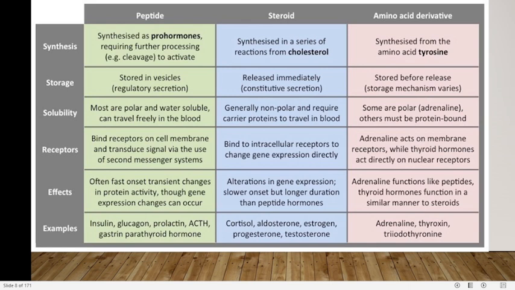Often fast onset, transient changes in protein activity, though gene expression changes can occur. Examples include insulin, glucagon, prolactin, ACTH (adrenocorticotropic hormone), gastrin, and parathyroid hormone. Those are examples of peptide hormones.